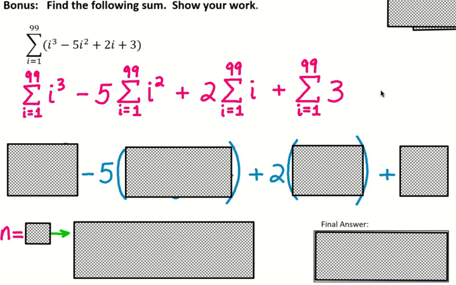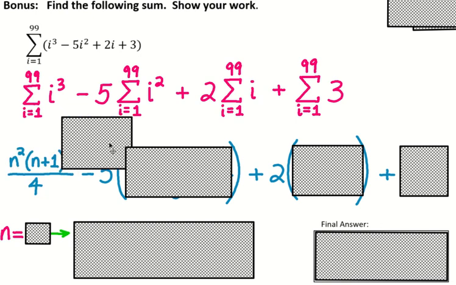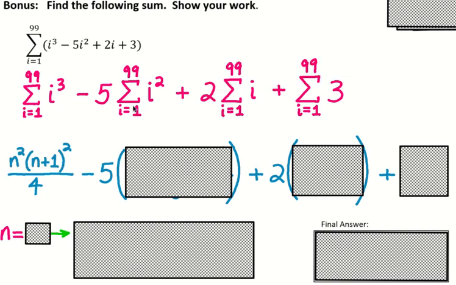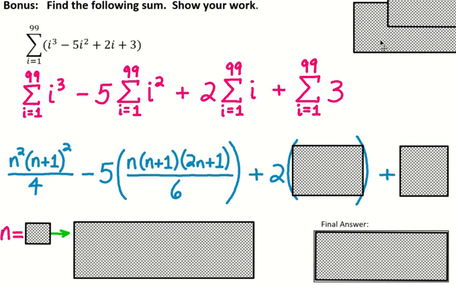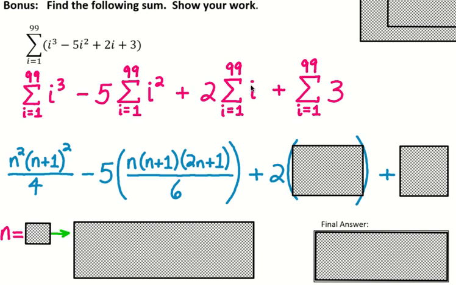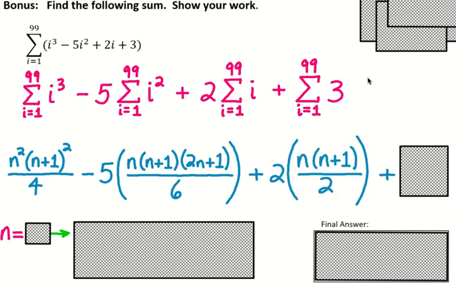These formulas are going to be on the formula sheet as well. Sigma i cubed is that formula. Sigma i squared is that formula. Sigma i is that formula. And sigma of a constant, specifically sigma 3, is 3 times n.